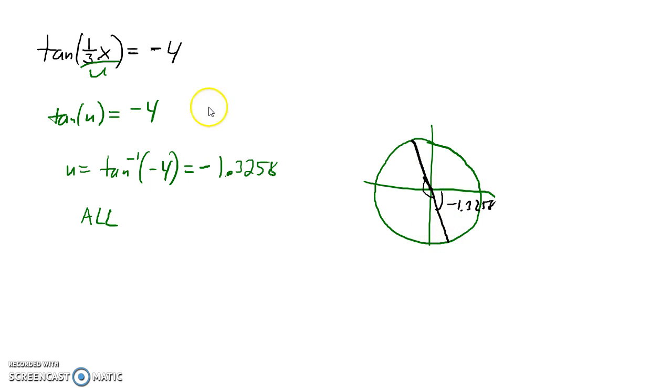The standard tangent function has a period of pi, and so it turns out that we can describe all solutions here by just taking our first solution and adding multiples of pi to it. Makes life a little easier than sine and cosine, where we need to find a second unique solution first.